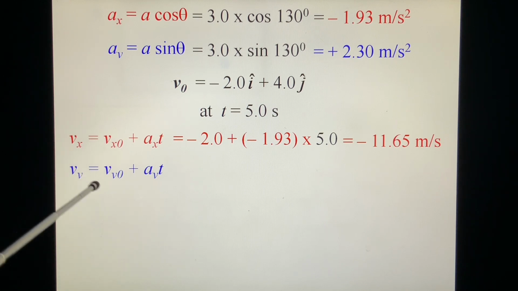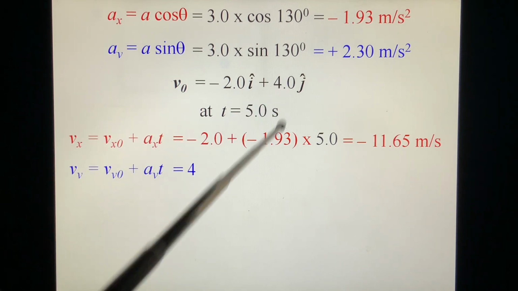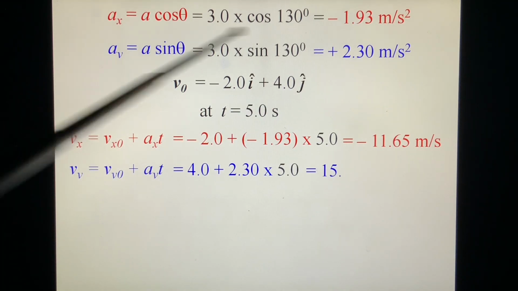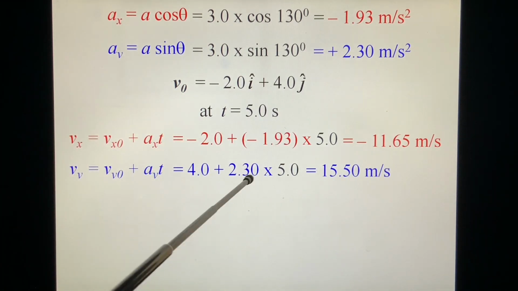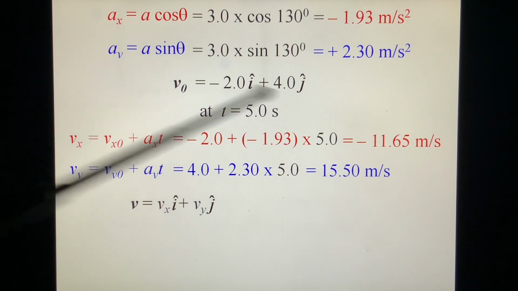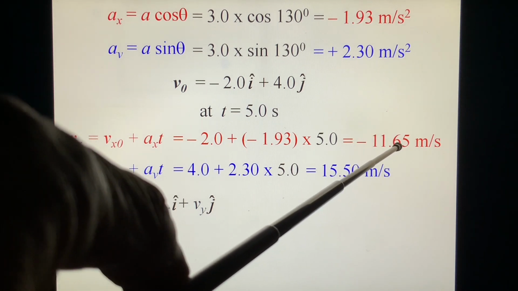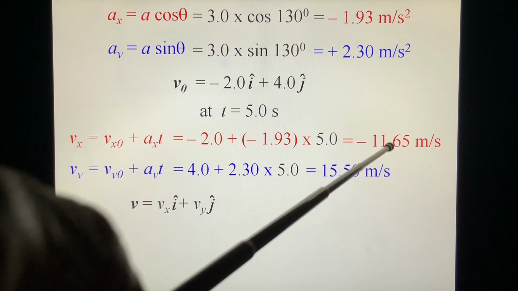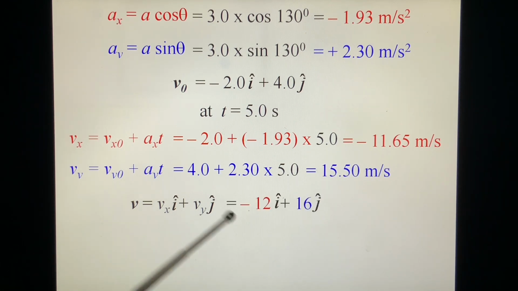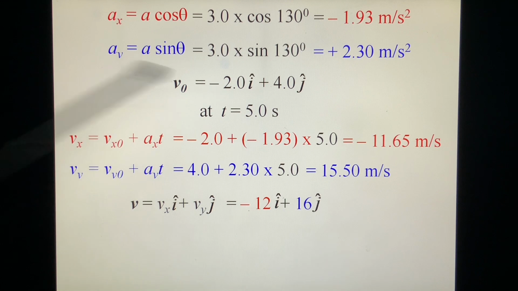Similarly, Vy equals Vy0, 4.0, plus a sine theta, plus 2.30, times t. We take two significant digits, so this rounds to minus 12 and this rounds to 16. So v is minus 12i plus 16j, in meters per second.